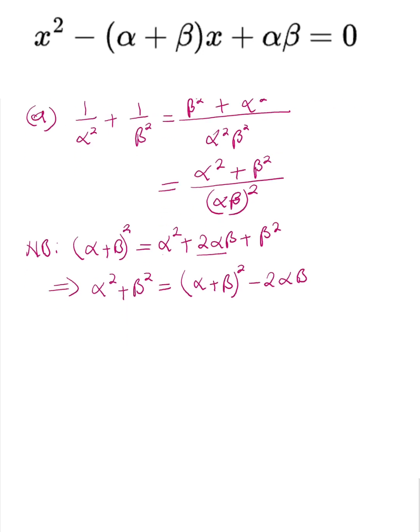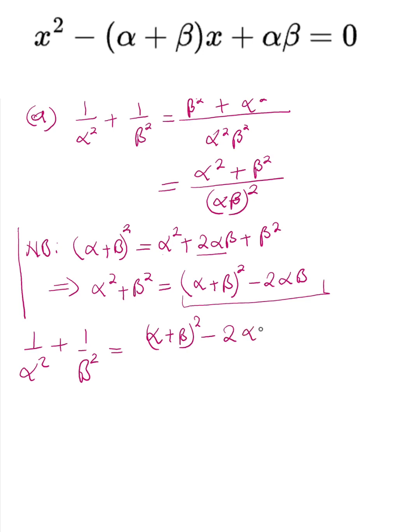So this sum, 1 over alpha squared plus 1 over beta squared, becomes alpha plus beta squared minus twice alpha beta, over alpha beta squared.